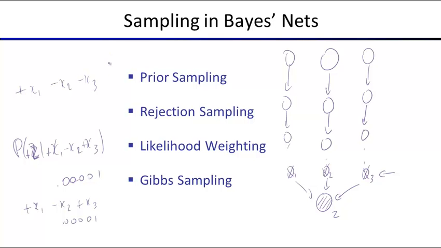And now the probability of plus z given plus x1 minus x2 minus x3 maybe is 0. So you just can't take on the plus z value with those values of the sample.